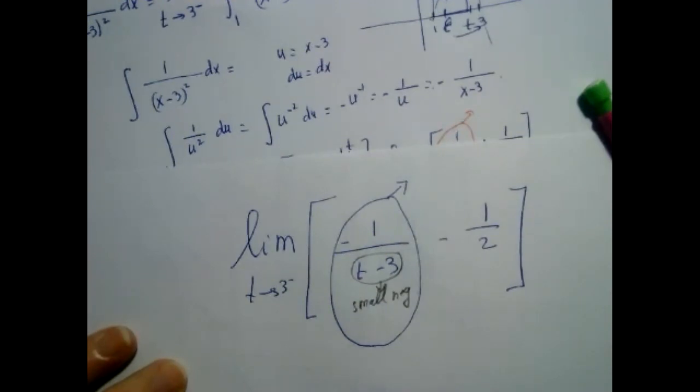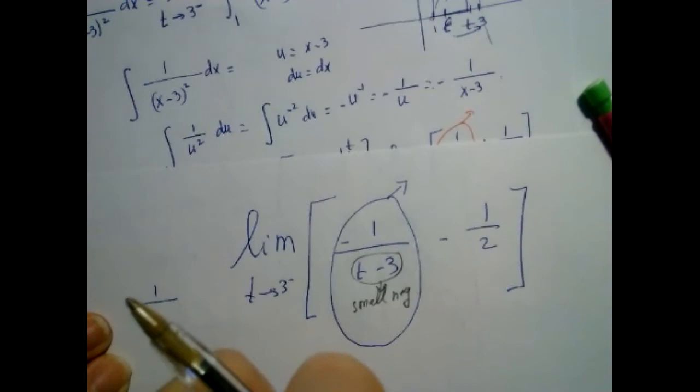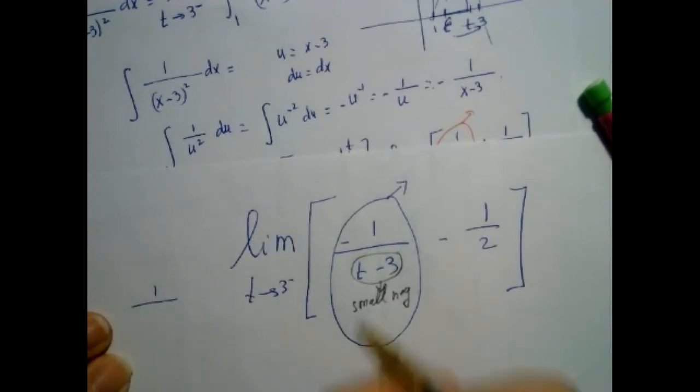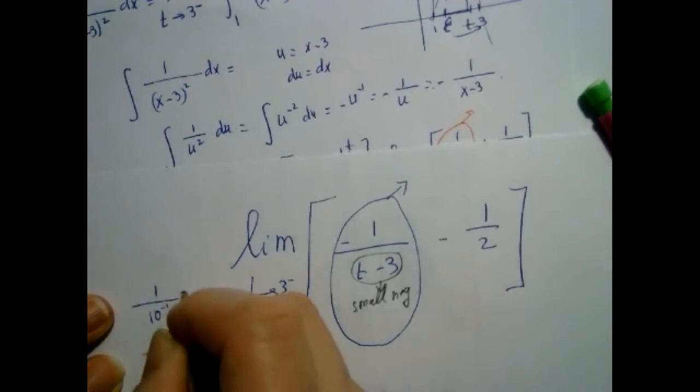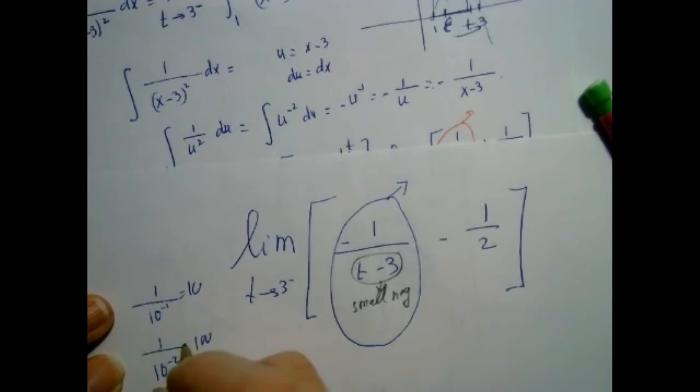Infinity. Remember, think about it: 1 divided by a very, very small number. If you ever forget, try dividing by 10 to the minus 1, 10 to the minus 2. What do you get? 10, 100. It gets larger and larger.